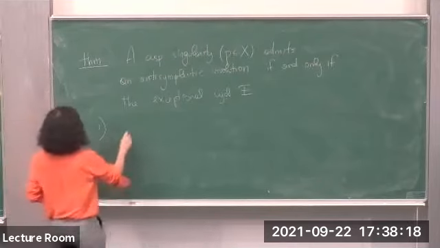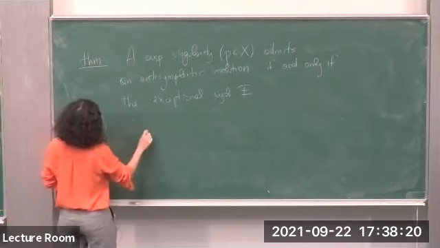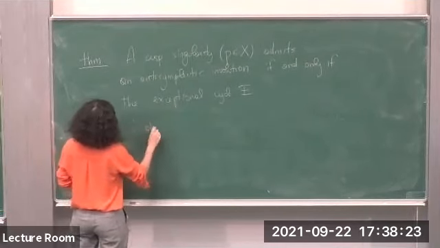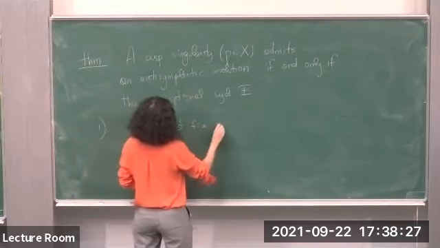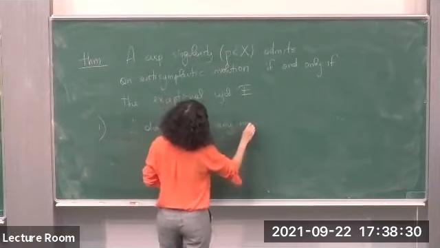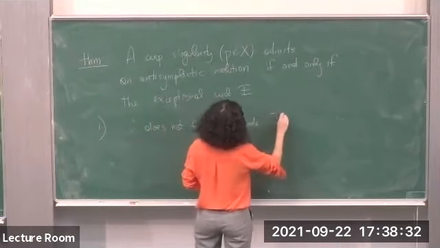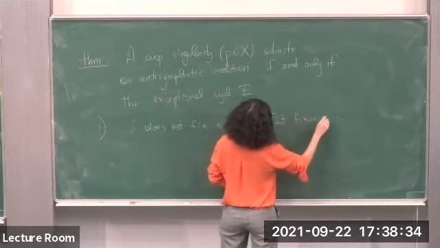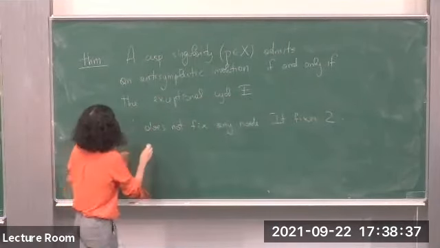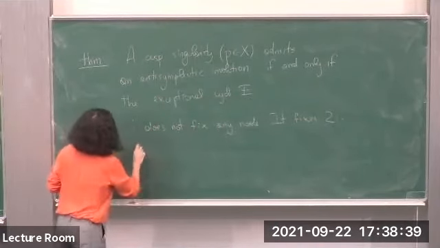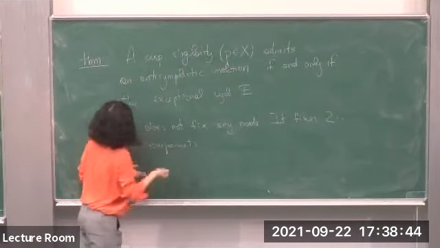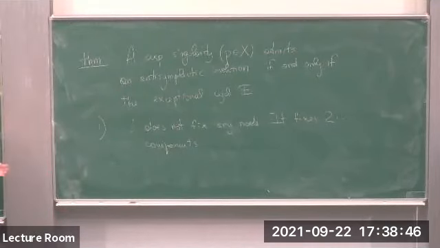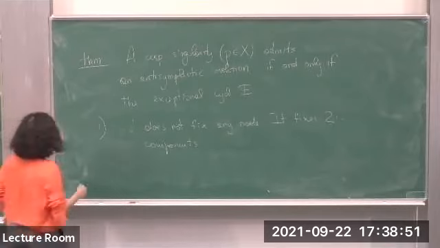Okay, so I has not fixed any node. It fixes two components setwise. So in particular, the length has to be even. Okay, so we're only considering cusps of even length.